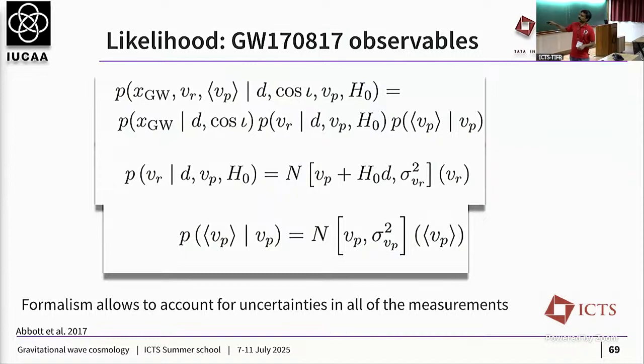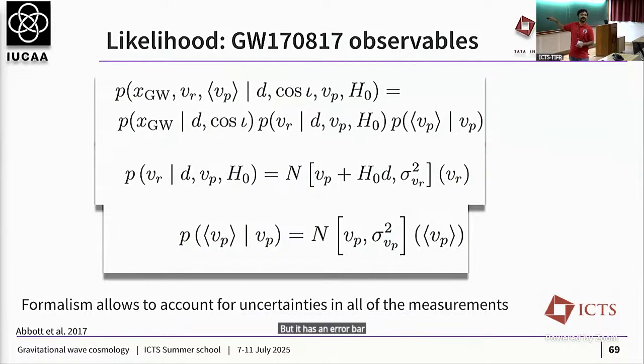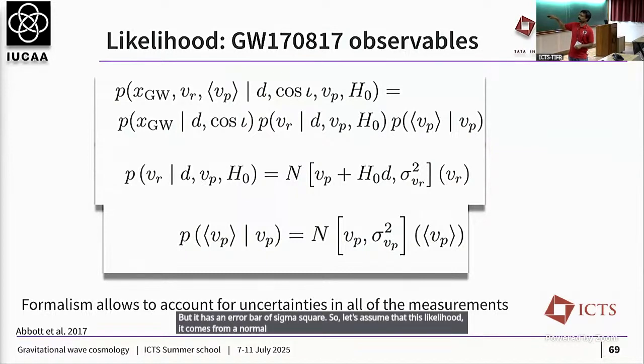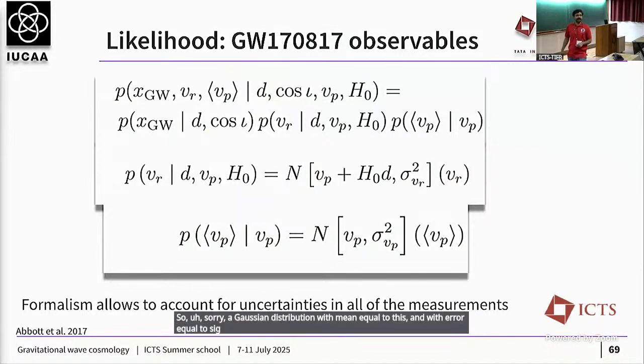This quantity here, you can write down as H_0 D, the cosmological recession velocity, plus the peculiar velocity. But it has an error bar of sigma squared. So let's assume that this likelihood comes from a normal, sorry, a Gaussian distribution with mean equal to this and with variance sigma squared.